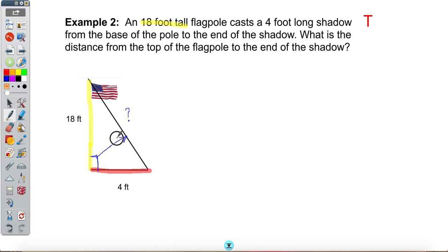The side that is opposite from that is our hypotenuse, or c, and that's what we're trying to find out. So if I have a squared plus b squared equals c squared, I'm going to put 4 in for a, so it's 4 squared plus 18 squared is equal to my missing side c squared.